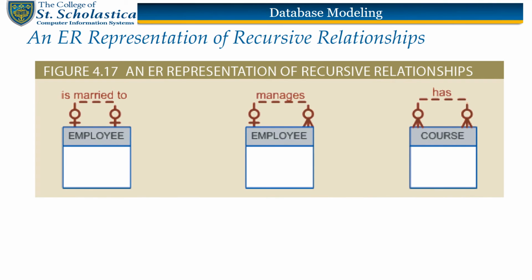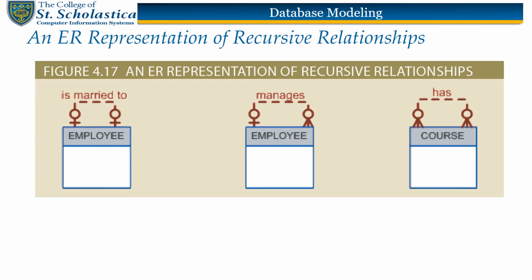We have just learned a recursive relationship is one in which a relationship can exist between occurrences of the same entity set within a unary relationship. For example, in figure 4.17, a one-to-many unary relationship can be expressed by "an employee may manage many employees, and each employee is managed by one employee."